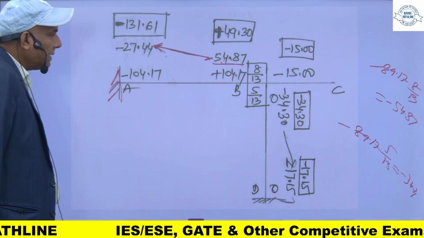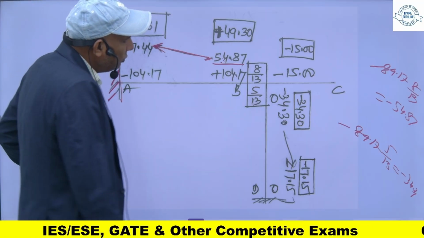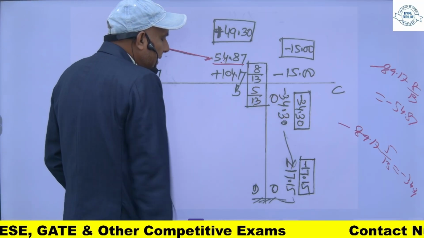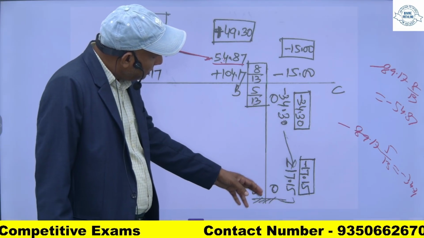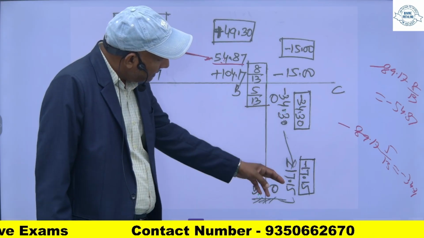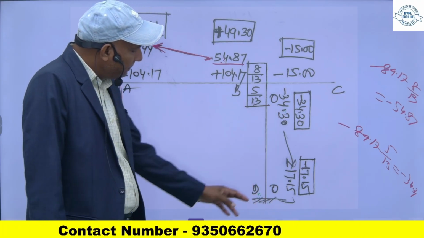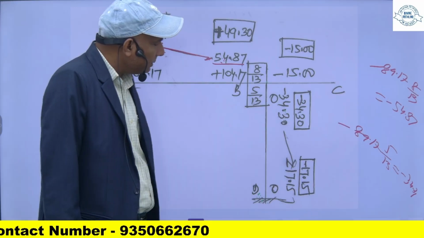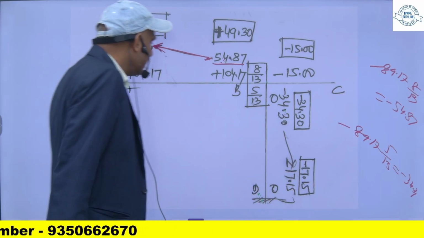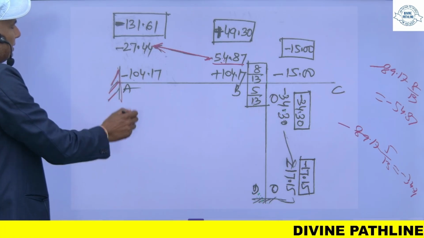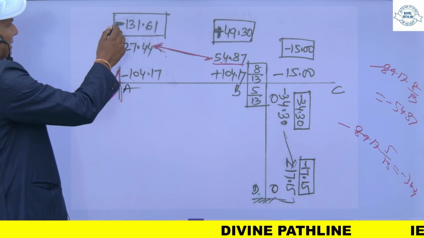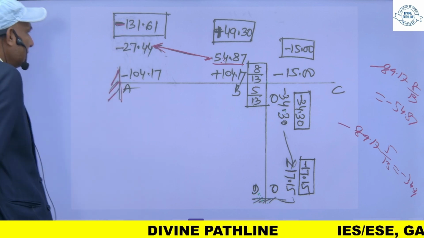यहाँ ट्रांसफर हो जाएगा। सिमिलरली जो मैंने 34.30 यहाँ लगाया है, क्योंकि इस जॉइंट से ये मेंबर मेरा फिक्स्ड है, तो ये फिक्स्ड के केस में हाफ ऑफ दिस विल ट्रांसफर हियर। अगर ये सिंपली सपोर्टेड रहता तो कोई मूवमेंट ट्रांसफर नहीं होता, सो हाफ विल बी ट्रांसफर्ड हियर। नाउ सम ऑफ दिस -104.17 and -27.44 you will get -131.61.